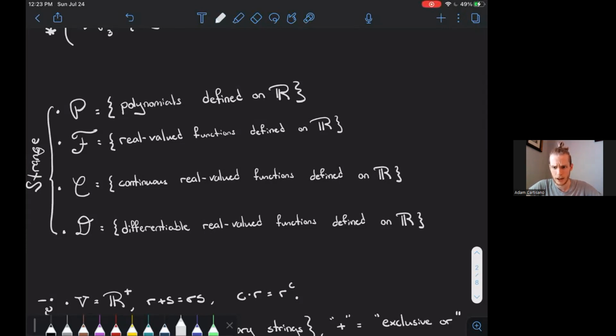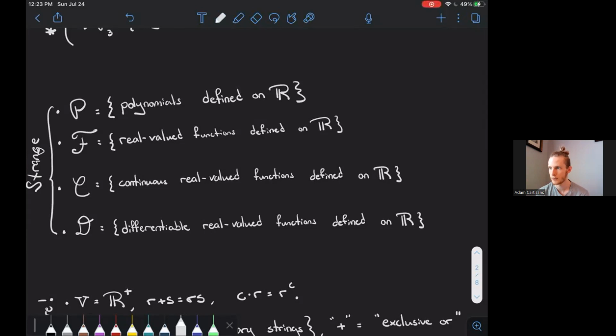Here's something even weirder though. The set of all real valued functions defined on R. Every single function you can think of that is defined on all real numbers, that vector space is in fact a vector space. What is vector addition?